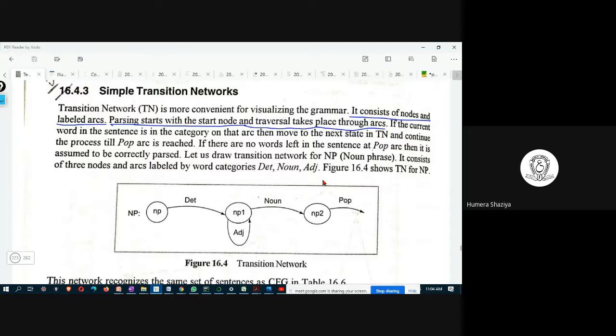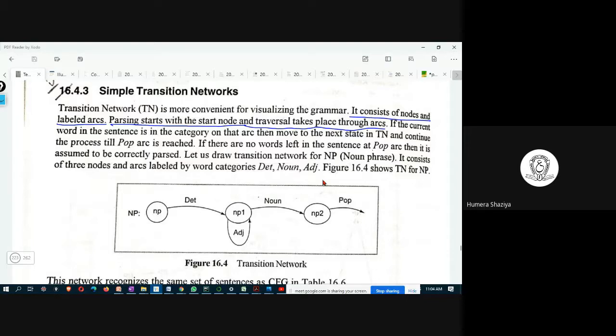When it is parsing a noun phrase, if it begins with a determiner, it goes this way: noun phrase, determiner, and then noun phrase 1, NP1, which accepts any number of adjectives. We can say, for example, the little cute pretty girl.